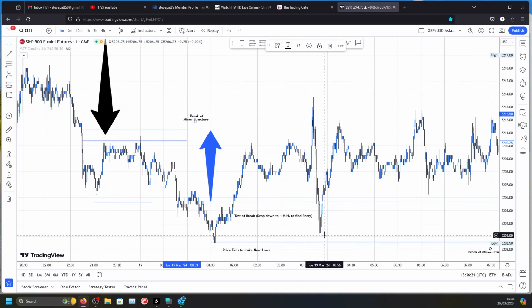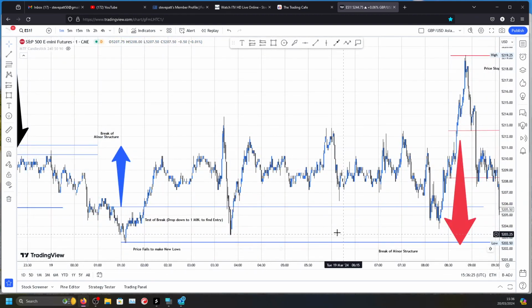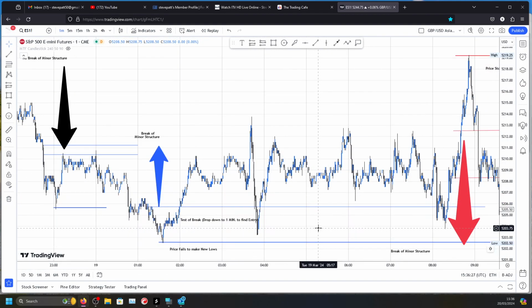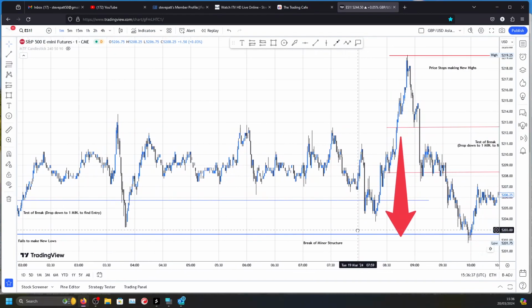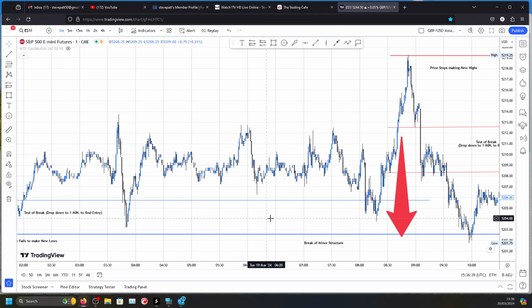I mean, this is 4 o'clock in the morning for me, so I wouldn't be trading this. But we can see now, you see price has come back into here.